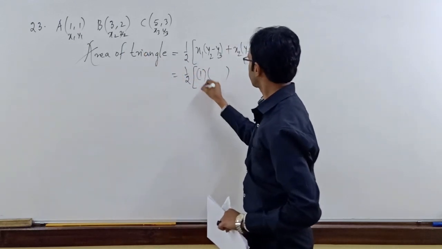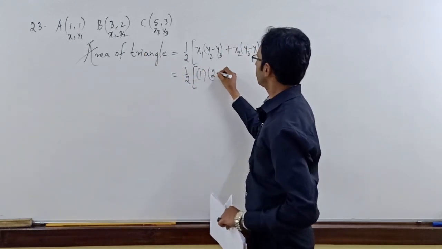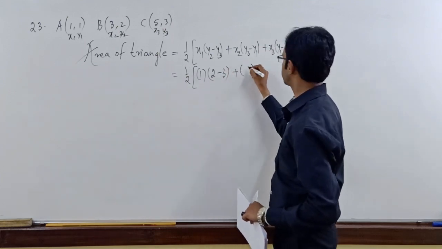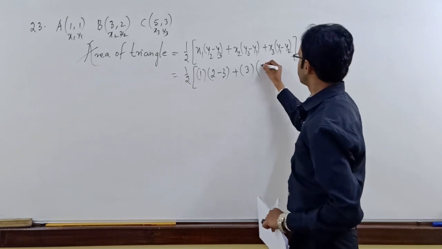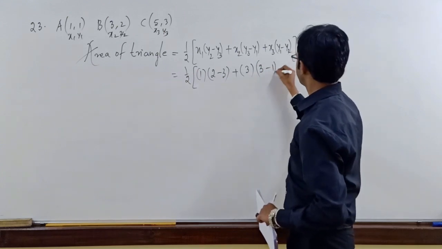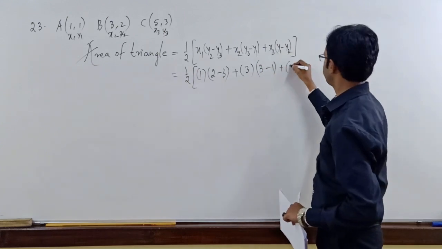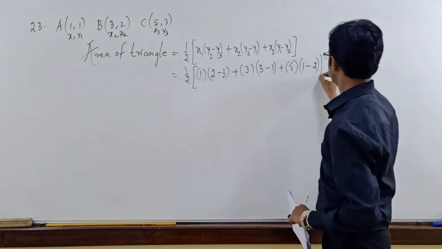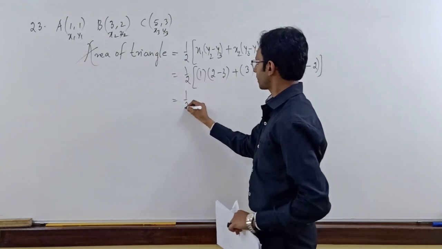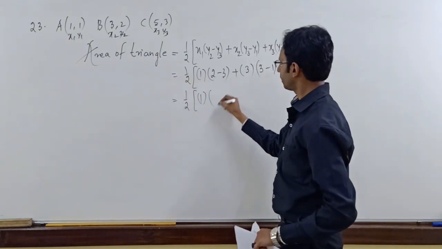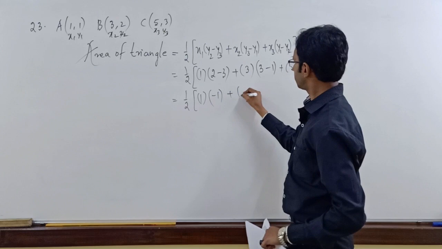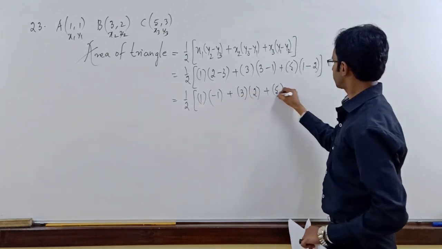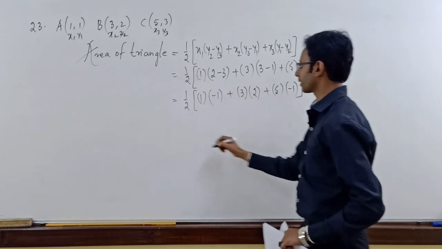x1 is 1, y2 is 2, y3 is 3, x2 is 3 here, y3 is also 3 minus y1 is 1, plus x3 is 5, y1 minus y2 will be 1 minus 2. Further simplification: half into 2 minus 3 is minus 1; here 3 will be as it is, 3 minus 1 is 2; 5 will be as it is, and this will give you minus 1.